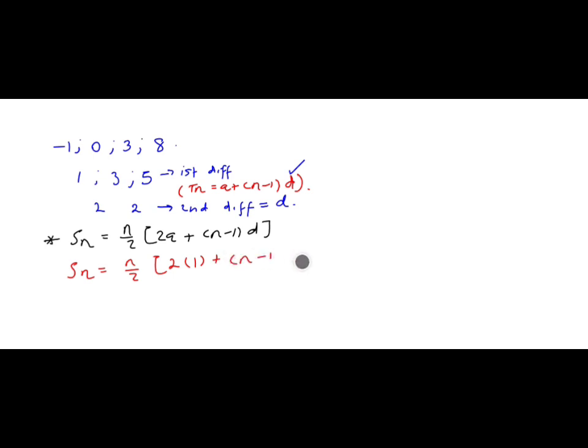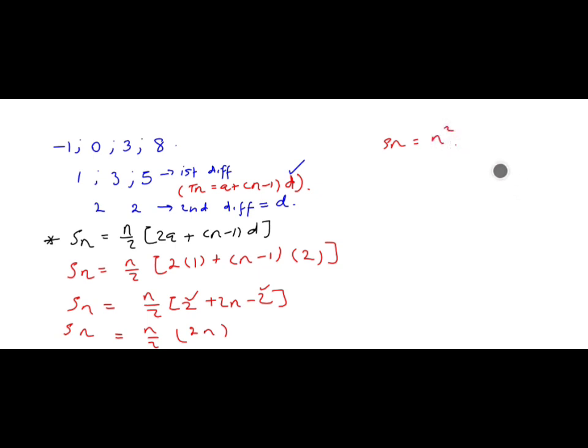N is what I'm looking for. The common difference is my second difference, which is 2. That'll be 2 plus 2n minus 2. N over 2 into 2n, because these two will cancel out, leaving us with Sn equals n squared.